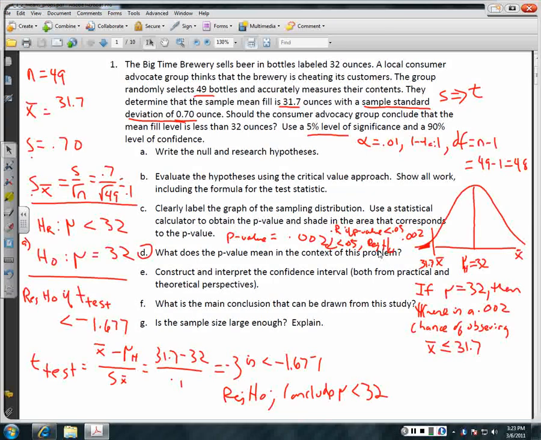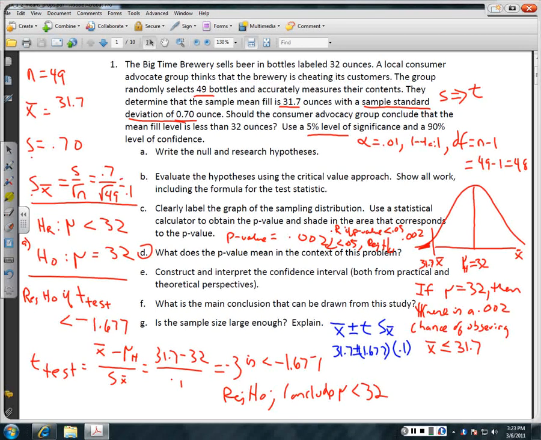It's a little tight. But it's just going to be x bar plus or minus t times s x bar. Our x bar was 31.7. For 90% confident, we're going to still get that 1.677 times then the standard error, which was 0.1.